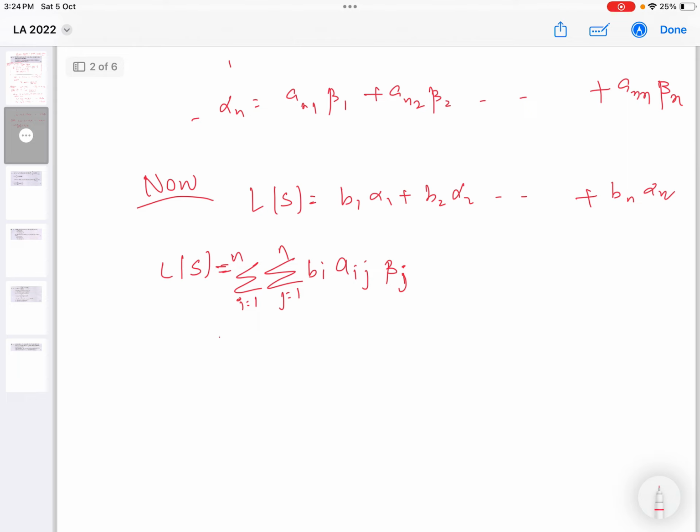So it is nothing but the linear combination of vectors beta 1, beta 2, so on up to beta n. This is nothing but a linear combination of S1.